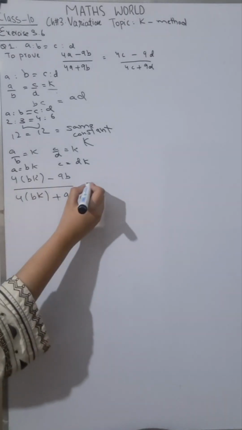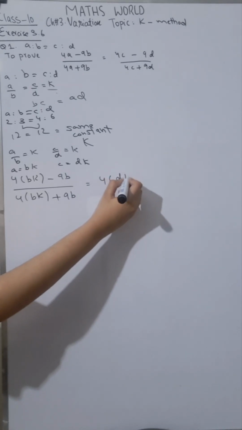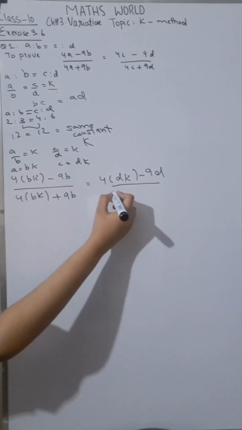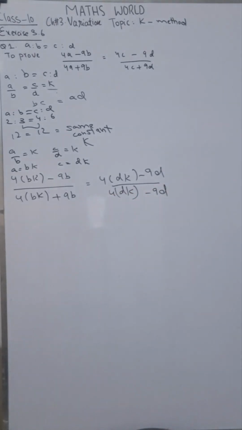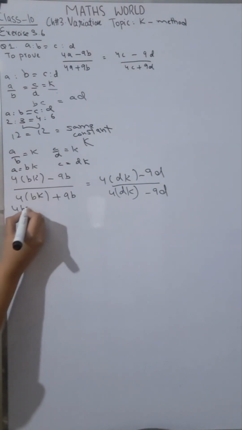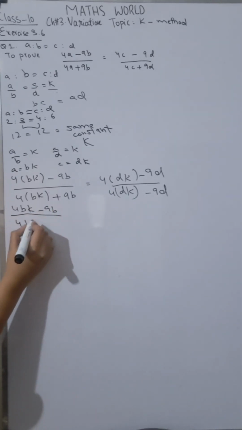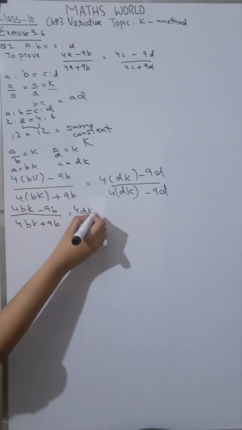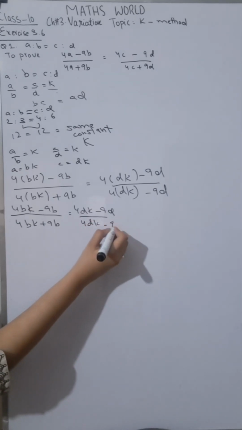Then 4DK minus 9D divided by 4DK plus 9D.